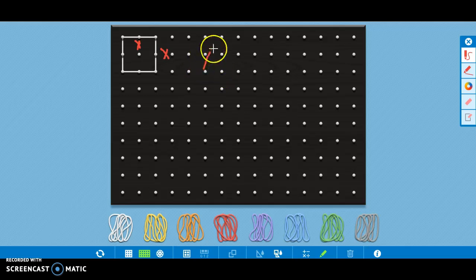So in order to find the area, we need to have it as s squared. But in this case, all you've got to do is the same thing that you were doing. So it's going to be equal to x squared units squared.